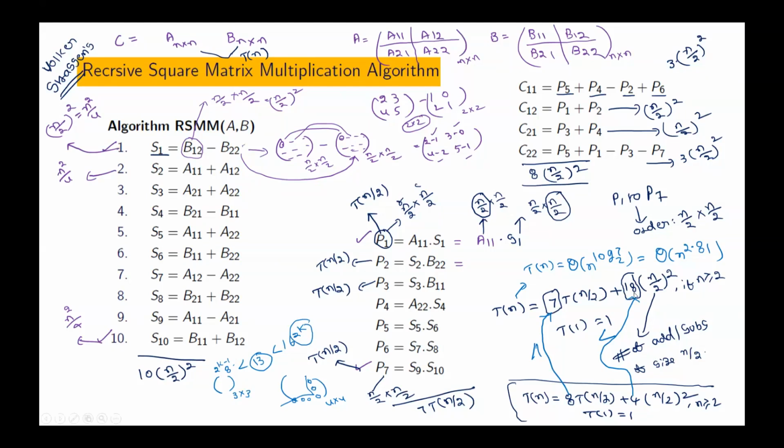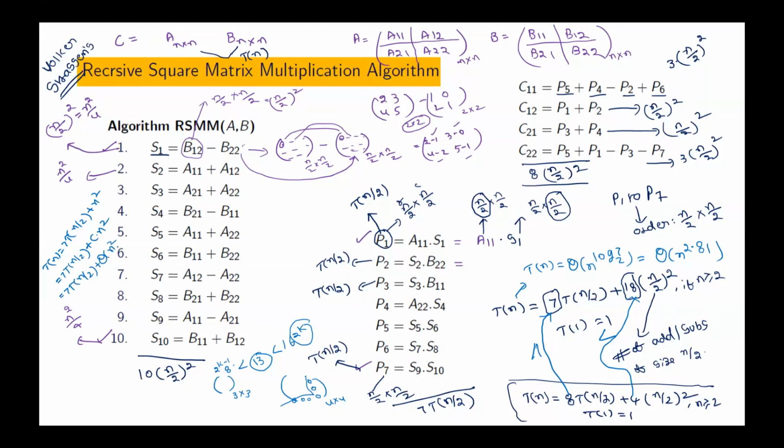So finally, what does the recurrence mean? Whether 18 is there or not, if someone gives T of n equals 7 times T of n by 2 plus a constant times n square, is it correct or not? Sometimes it is written like this: T of n is 7 times T of n by 2 plus n square. Is this correct or not? Or 7 times T of n by 2 plus theta of n square.